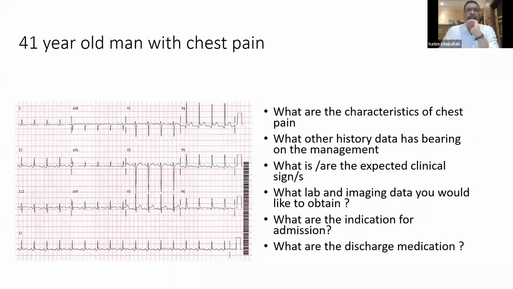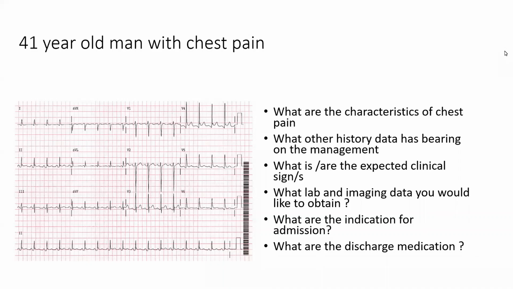Now, this is a 41-year-old gentleman with chest pain, and this is the ECG. Looking at the ECG, what are you expecting he is going to be presenting with? What are the characteristics of chest pain of this patient? So this is a typical ECG of what?